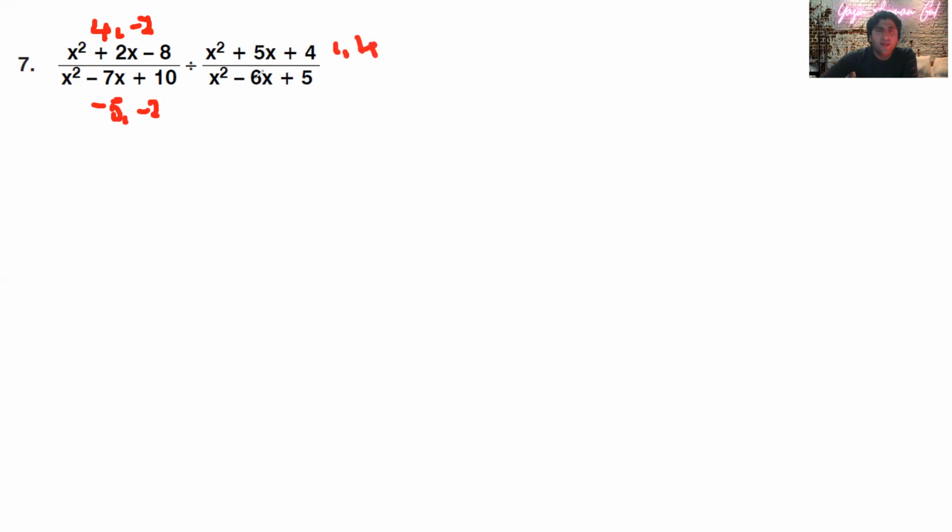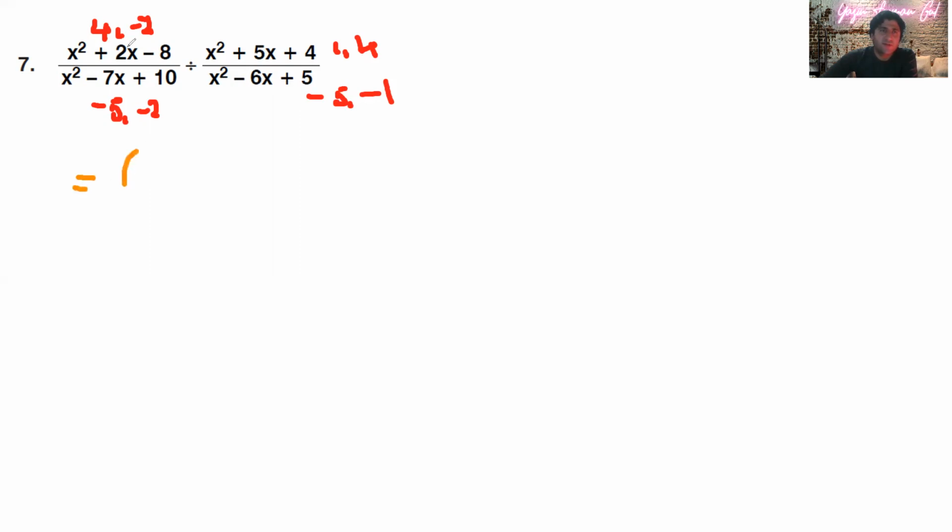Then here, x squared minus 6x plus 5, so that is going to be negative 5 and negative 1. So these are my factors for these trinomials. Okay, we're lucky because everywhere is a trinomial. So since that is the case, let's rewrite everything.